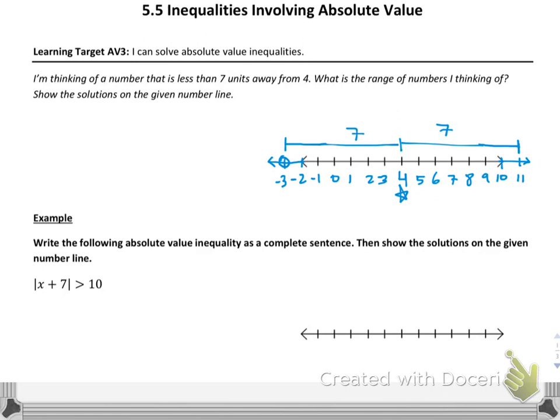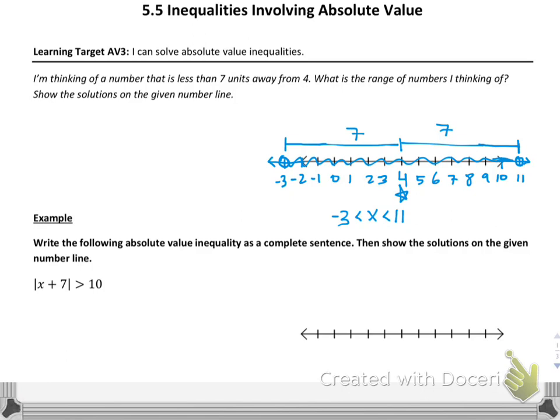So it's got to be less than that. Or 11, I can't go farther than 11. However, it could be any number in between these two numbers. So my number x can be between -3, as little as -3, has to be bigger than that though, or 11. So that's the range of numbers.